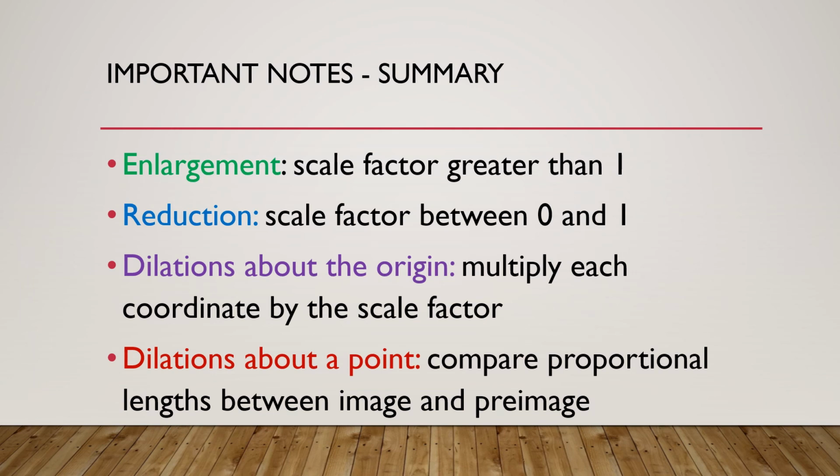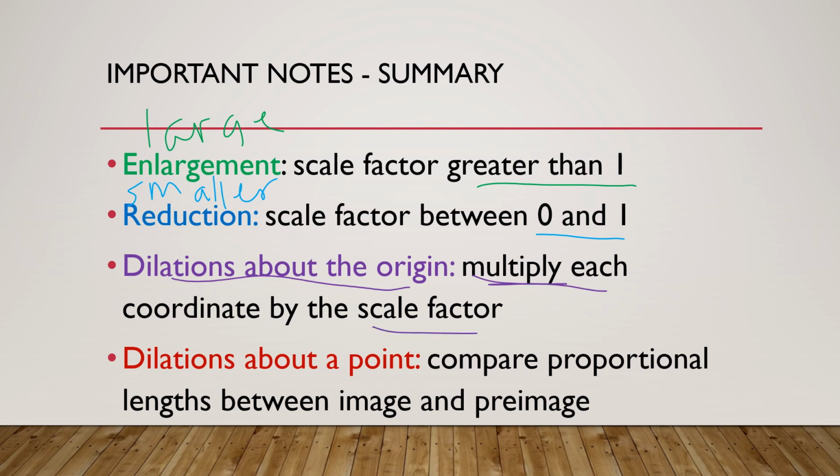So just for a couple of things. An enlargement means that we are getting larger, so we multiply by a number greater than 1. A reduction means that we are getting smaller, so we multiply by a number between 0 and 1. When we are going about the origin, we multiply each coordinate by the scale factor.